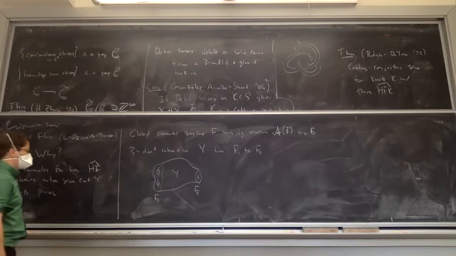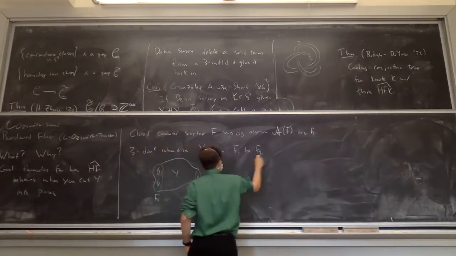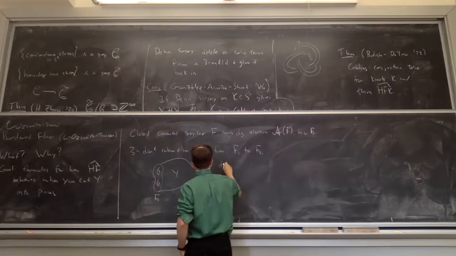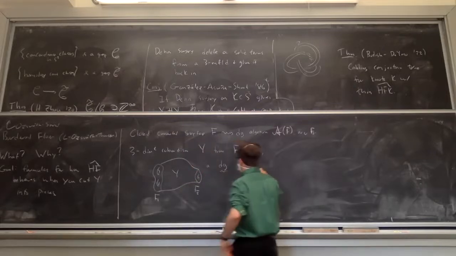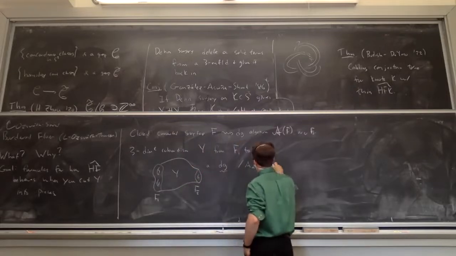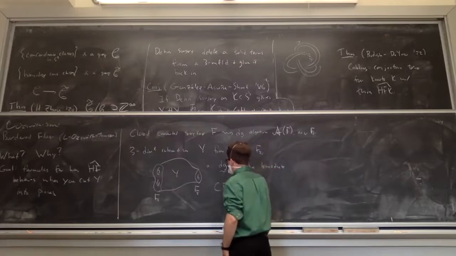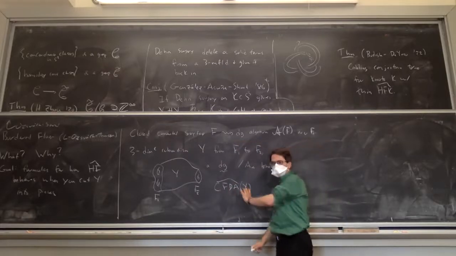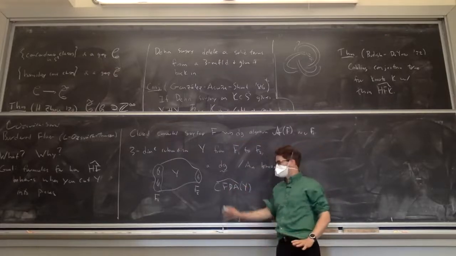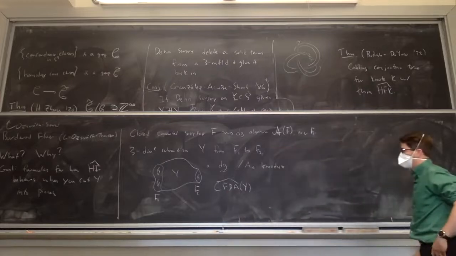We're going to have some kind of dg or A-infinity bimodule, it doesn't matter, you can just think dg bimodule CFDA of Y. Okay, there were a bunch of variants, and this is one particular variant. The notation is sort of terrible, but this is the notation. This is the particular variant we're going to talk about.